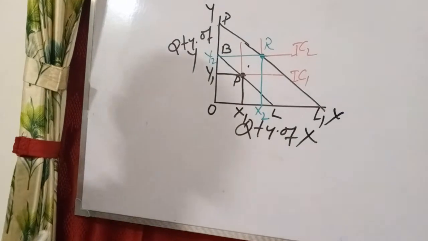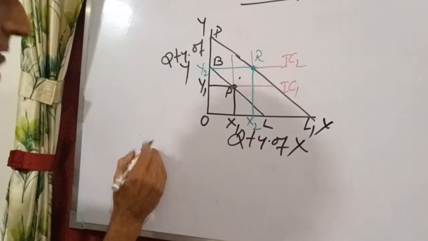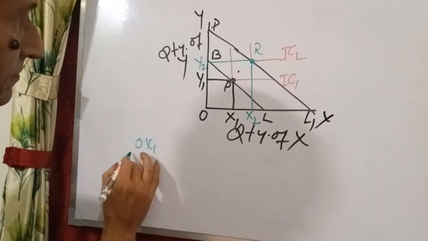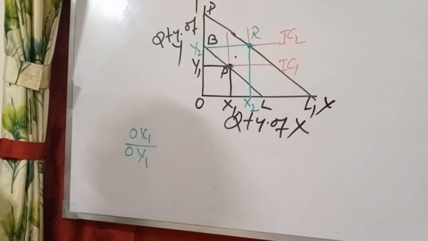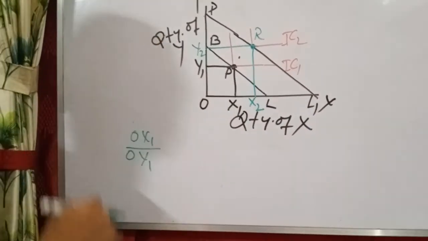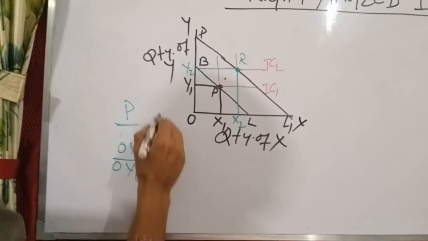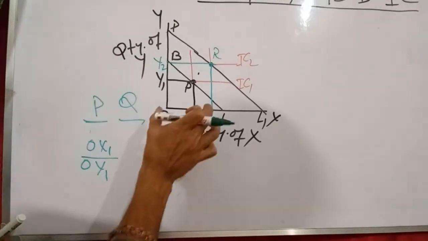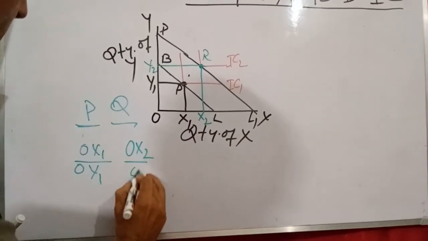Now at point P, the ratio of consumption of X and Y is OX1 by OY1. And at point R, the ratio of consumption is OX2 by OY2.